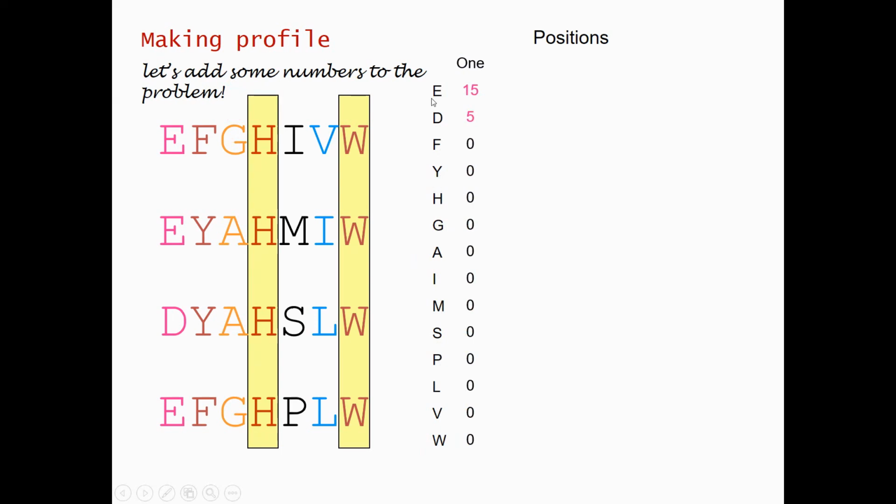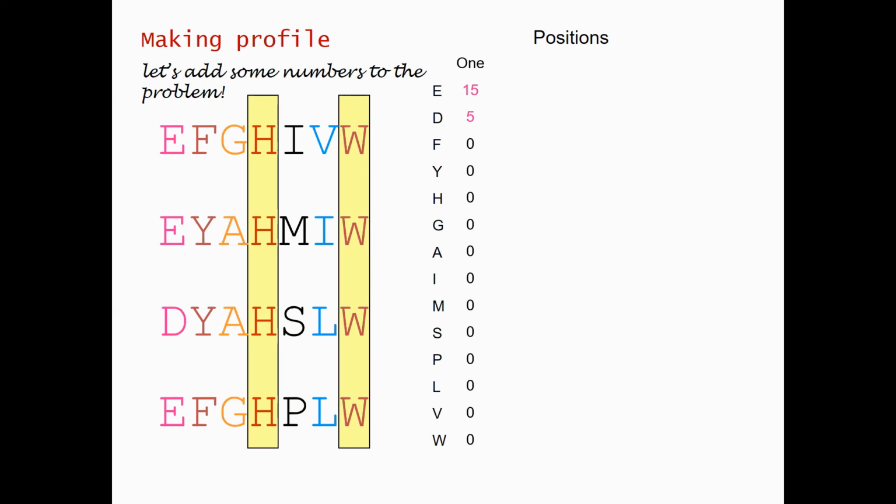Say, for example, out of a score of 20, I have given 15 to E and 5 to B, because E is 75% at position number 1 and B is 25% at position number 1.